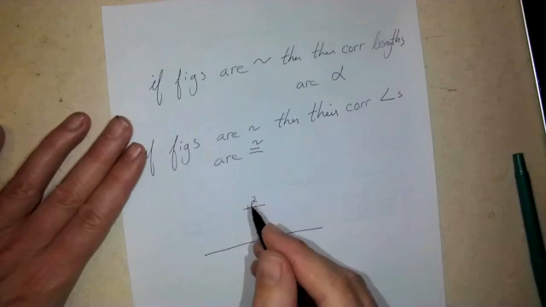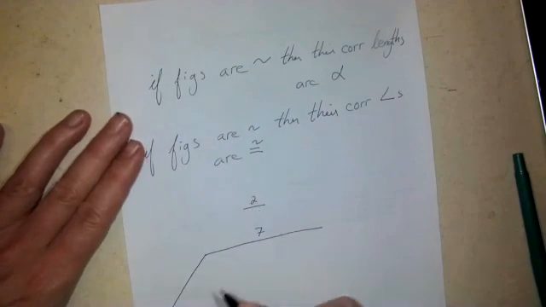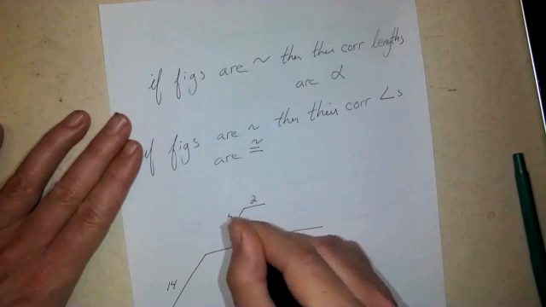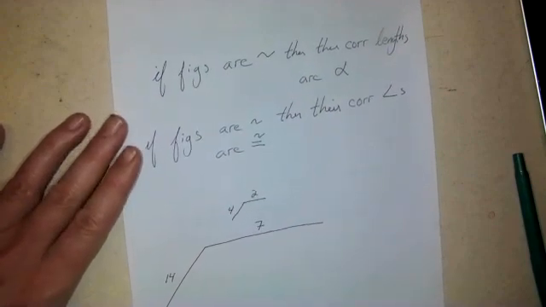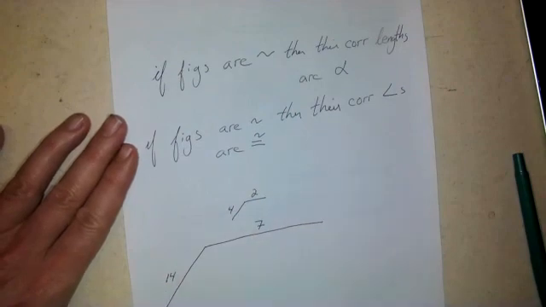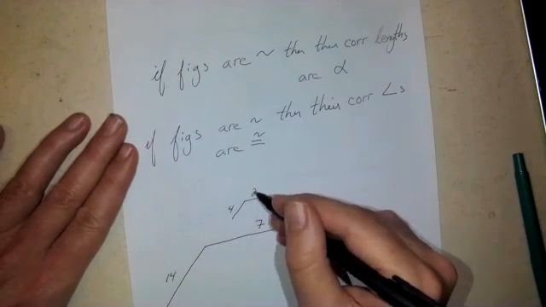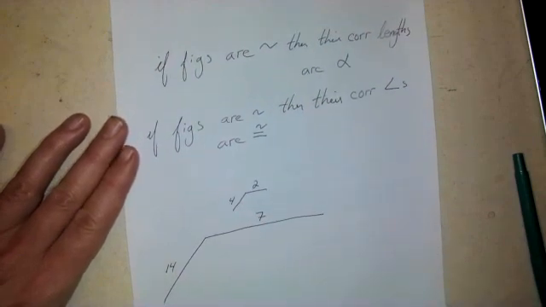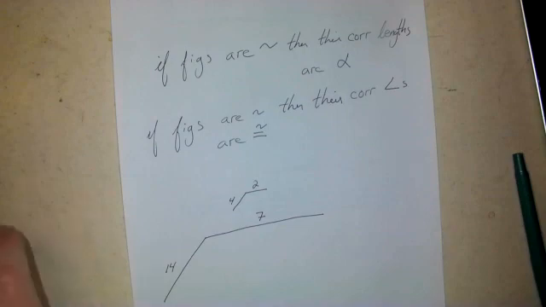We'd say, oh, well, this guy has a length of 14, despite what it looks like. This guy has a length of 4. Now I can say, oh, yeah. It seems that 2 is to 4 as 7 is to 14. Or 2 is to 7 as 4 is to 14. Either of those work.